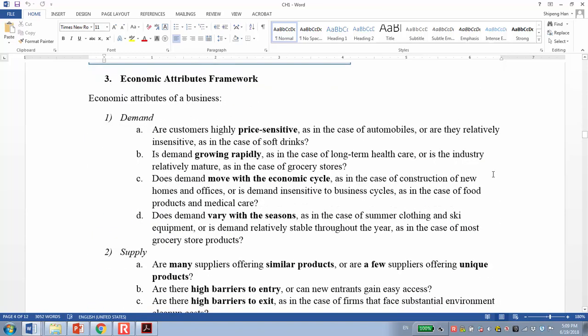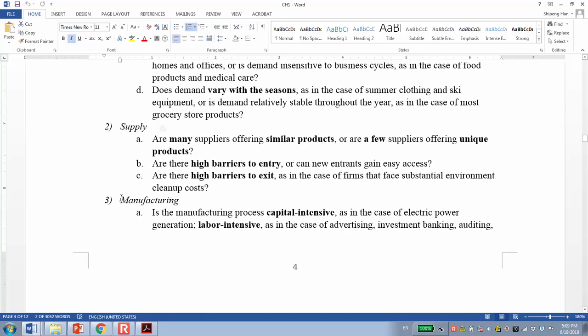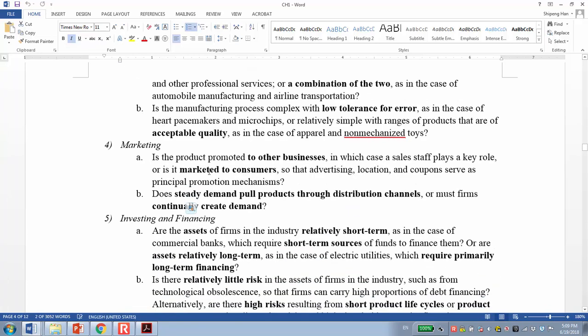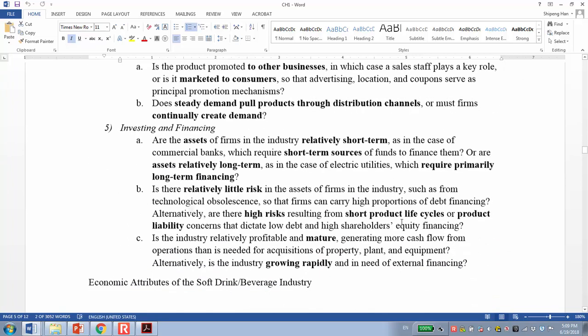The next one is the economic attributes framework. Okay, again there are also 5 factors. One is demand. Okay, the demand. There are some other factors more detailed. The supply, manufacturing, marketing, investing, and financing.